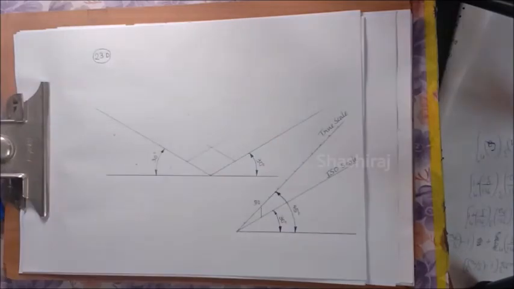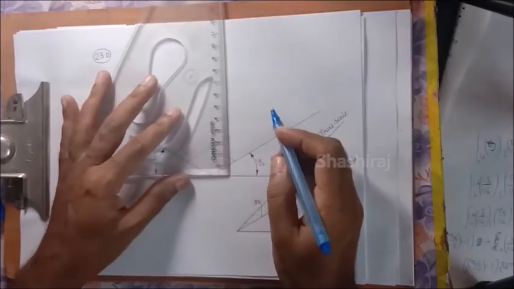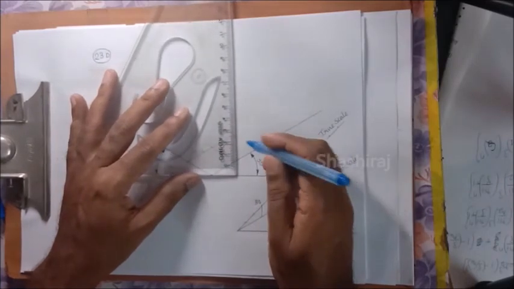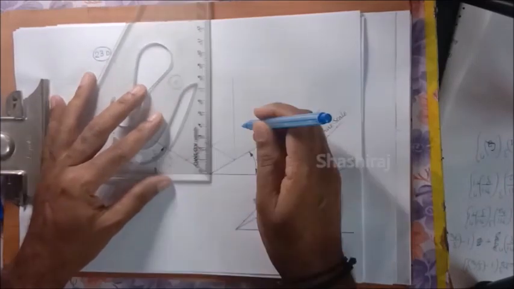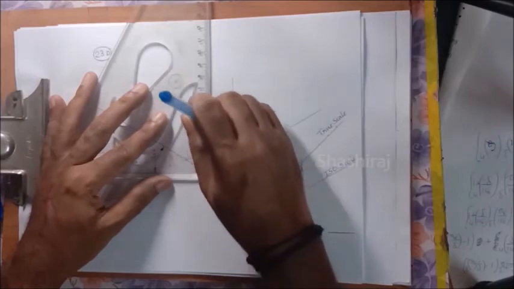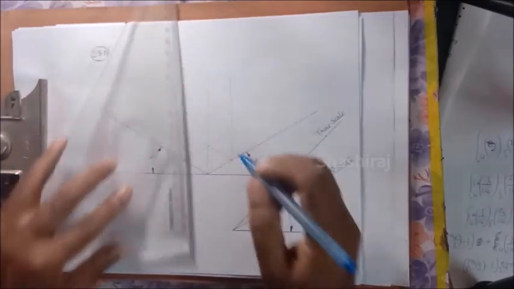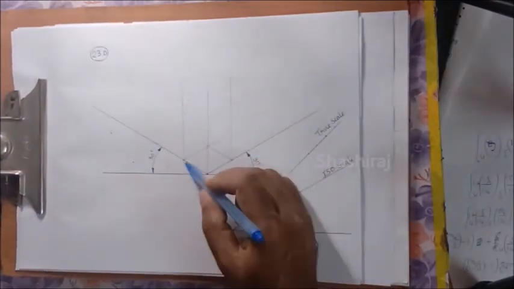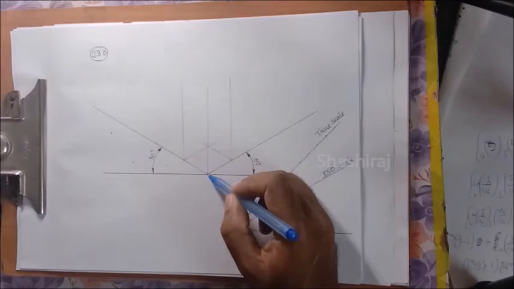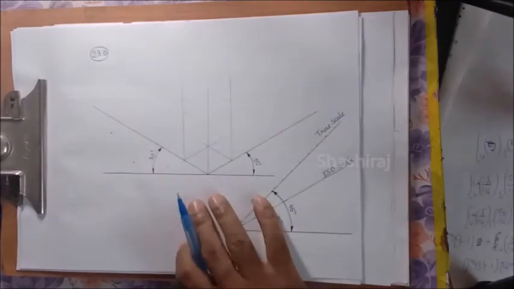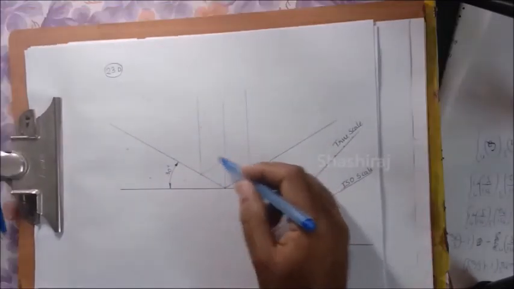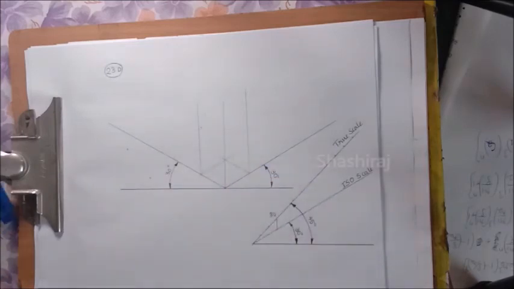So the bottom face is constructed, and give the height for this. First we'll draw a vertical line from all these points. Observe that since it is a square face, the vertical line from this point will pass through this point. If you get a separate line there, that means there is some accuracy problem in your solution.